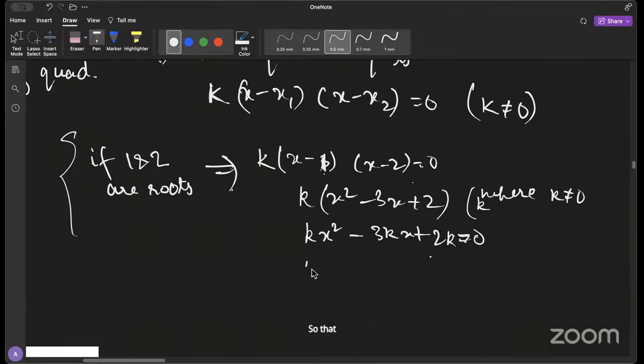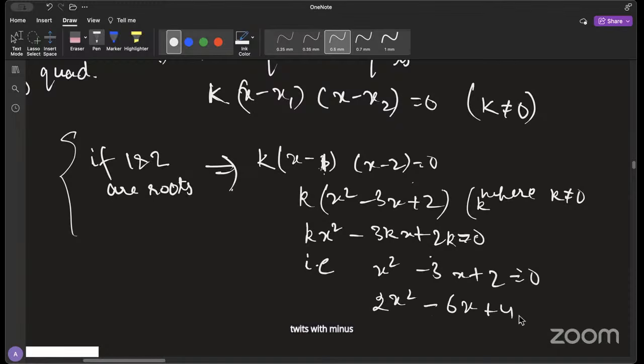That means x squared minus 3x plus 2 equals 0 also has roots 1 and 2, and 2x squared minus 6x plus 4 equals 0. This is also an equation, right? This also has the same roots, 1 and 2.